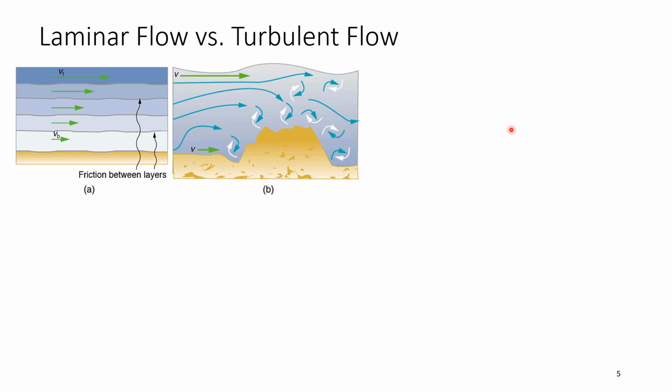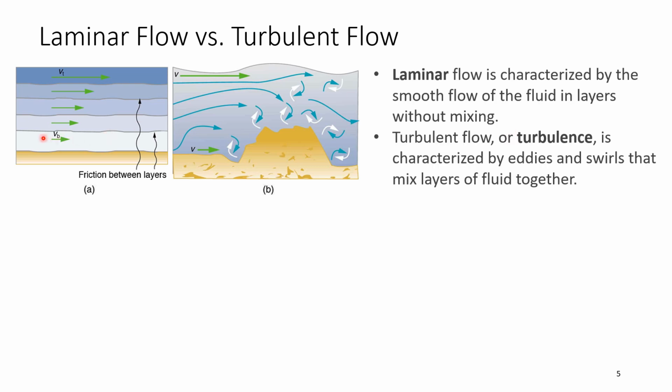Laminar flow is characterized by the smooth flow of fluid in layers without mixing, while turbulent flow, or turbulence, is characterized by eddies and swirls that mix layers of fluid together. There is generally more interaction, greater heating, and more resistance in turbulent flow than in laminar flow.